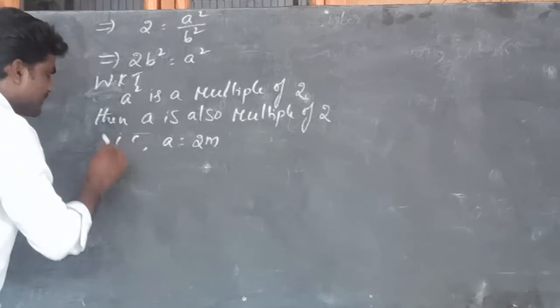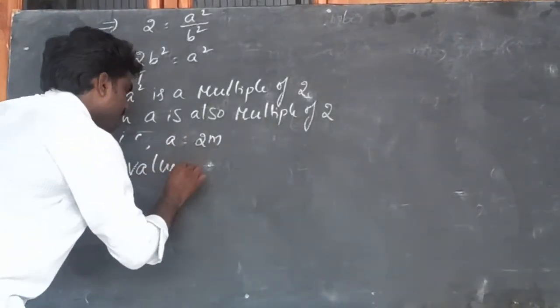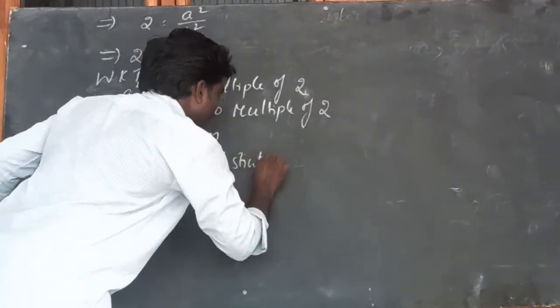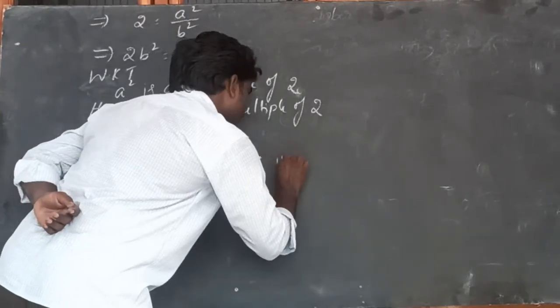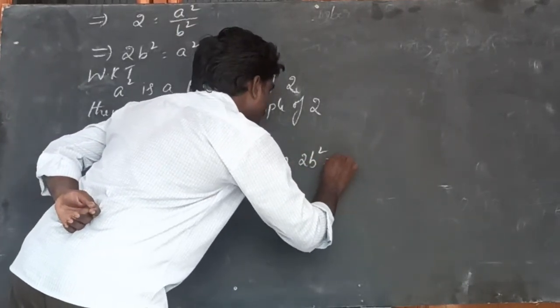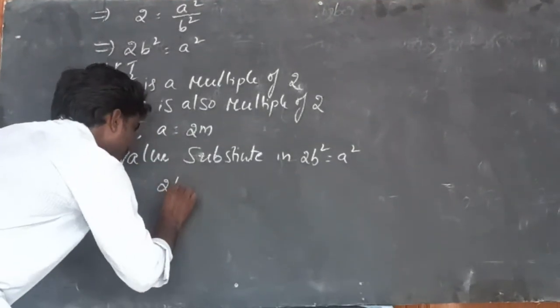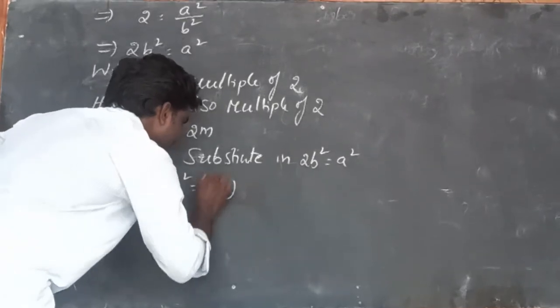Okay, so this a value we can substitute in 2b square is equal to a square. So that is 2b square is equal to a value, which is 2m, whole square.